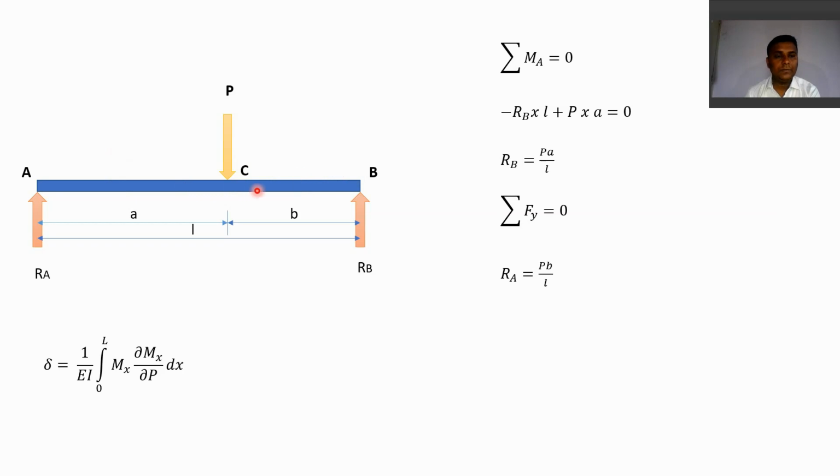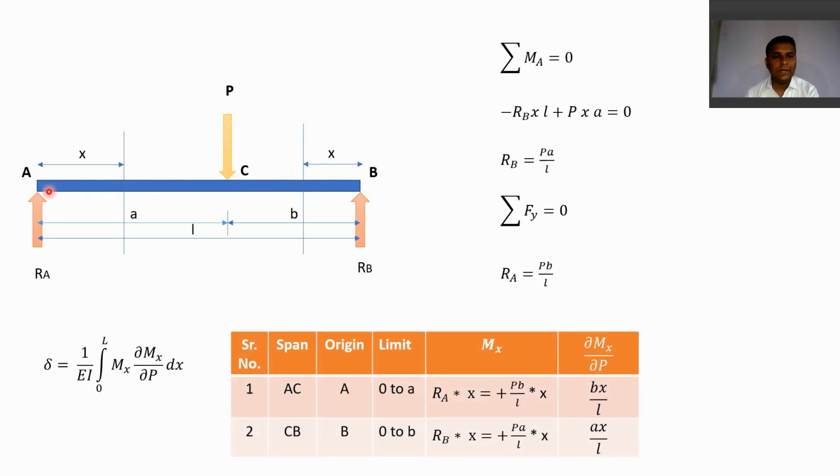To take the equation of bending moment for part AC, we take a section on part AC and consider its distance from A. For this section, the origin will be A, and the equation of bending moment we get is applicable only for part AC. Similarly for part CB, again we can take a section. It is convenient to take the origin from point B in this case. So for part CB, the origin will be B, and for part AC, the origin is A.